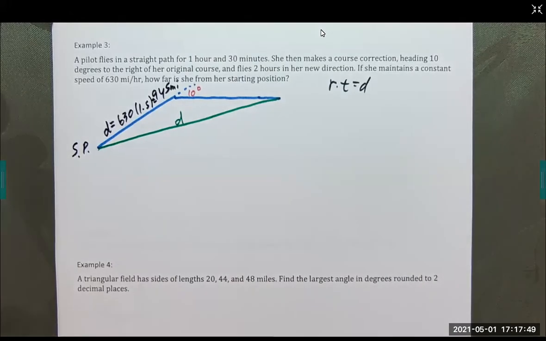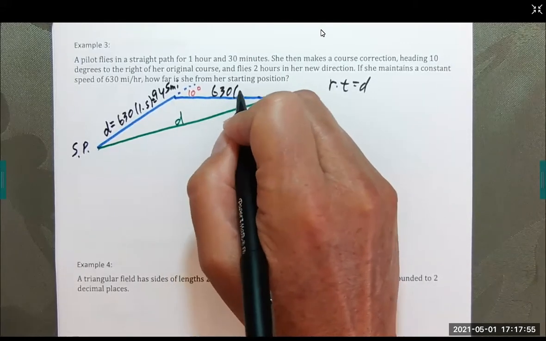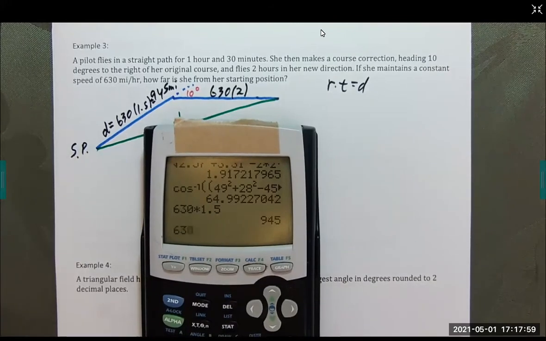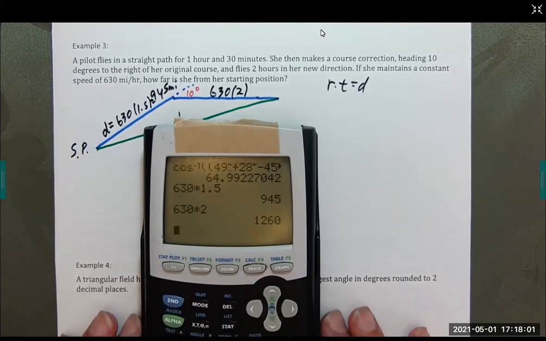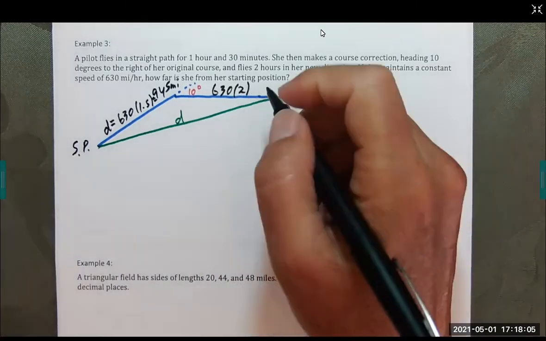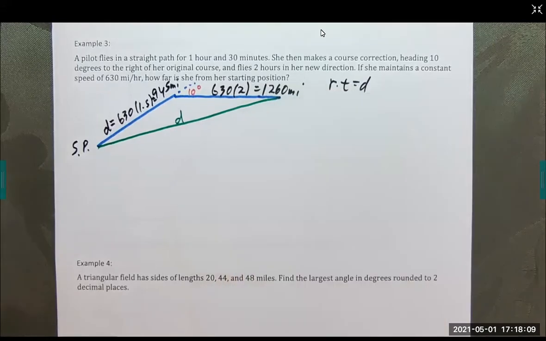So that's this side here. If I do the same thing here, 630, but now times 2 hours, 630 times 2 is 1,260 miles.